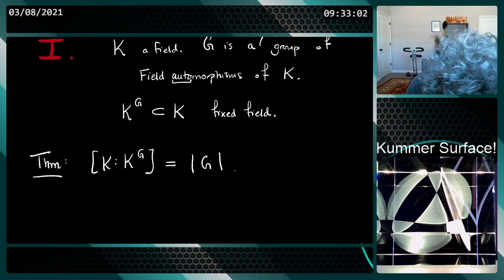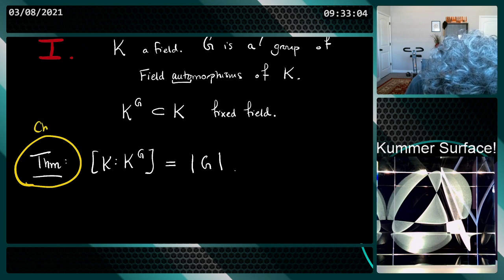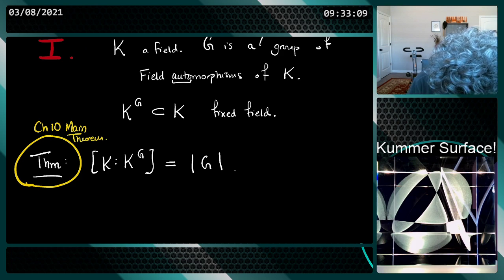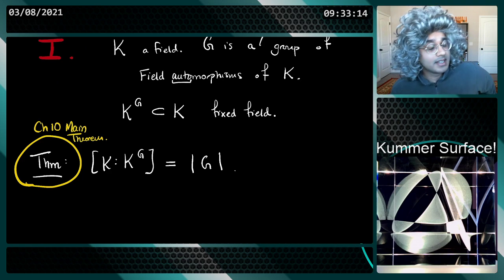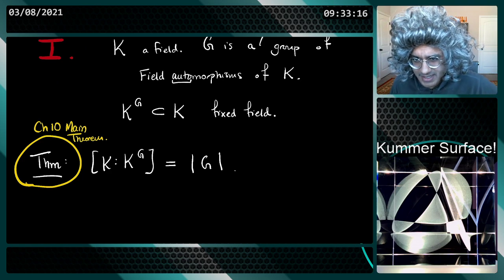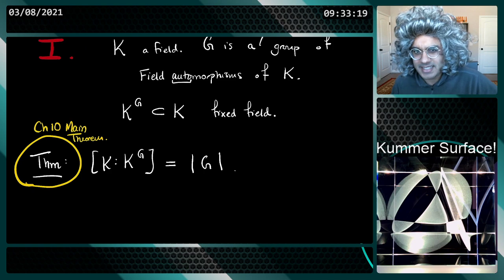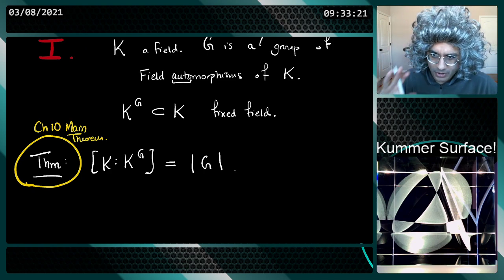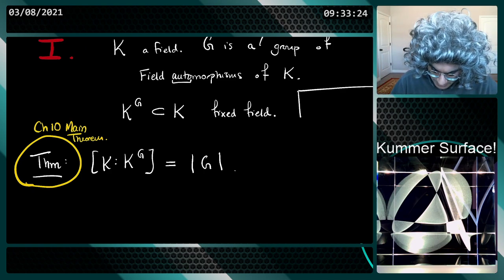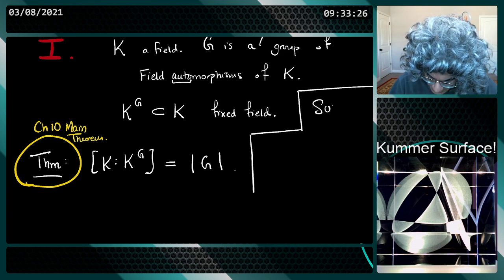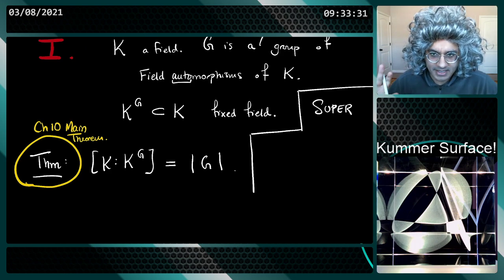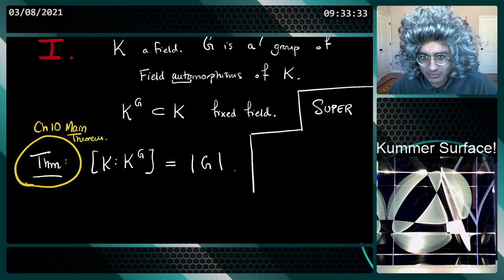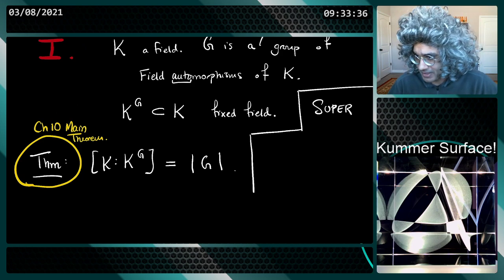This is the main theorem of chapter 10. It gives us a nice relationship. And this is true in arbitrary characteristic. It's like a universal, part of the fabric of the cosmos type math. This is super general. It's not about subfields of C. It's the most general type of statement you can ever hope for in mathematics.